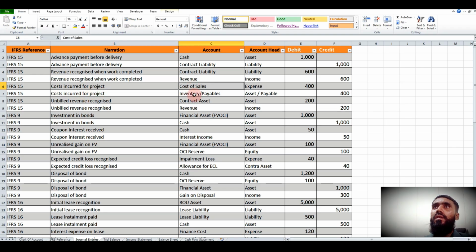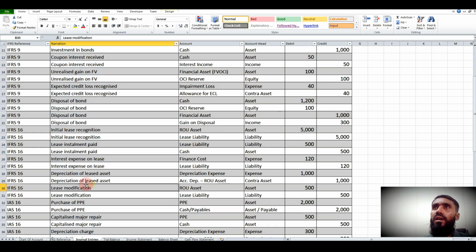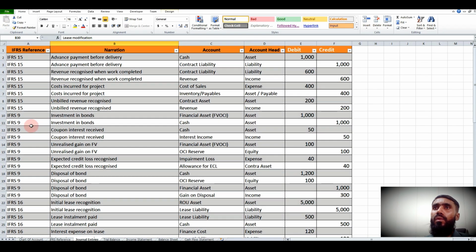Here, the cost incurred for the project: cost debit, inventory payables credit, unbilled revenue, contract assets, revenue. Now I have passed the total related to the IFRS 15 entries.